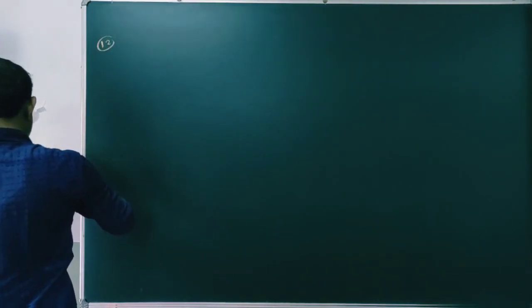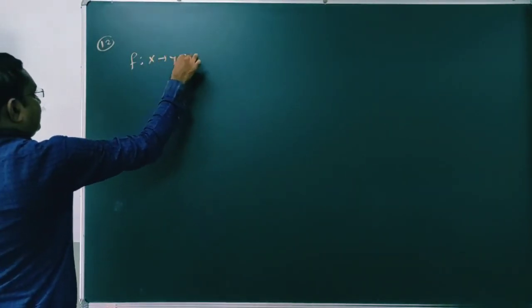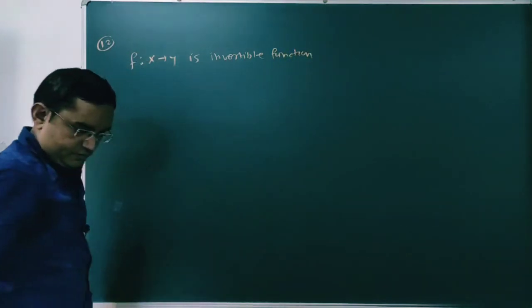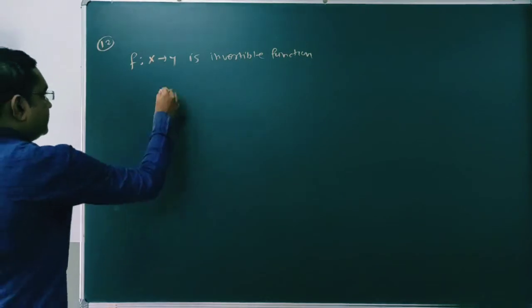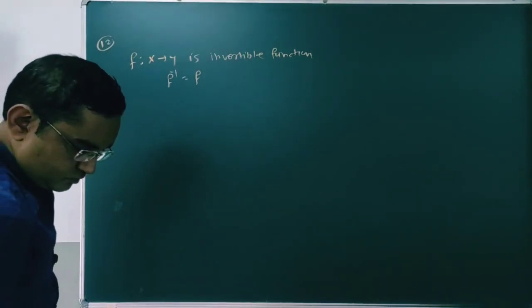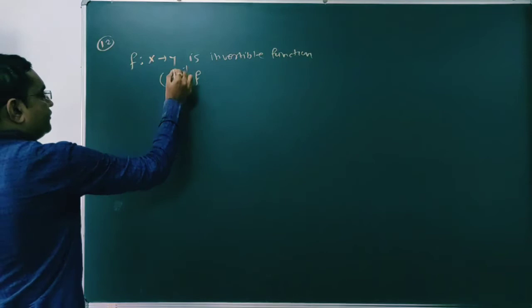Question number 12. If function f from x to y is an invertible function, then we have to prove that the inverse of the inverse of function f is f, that means f inverse of inverse equal to f.